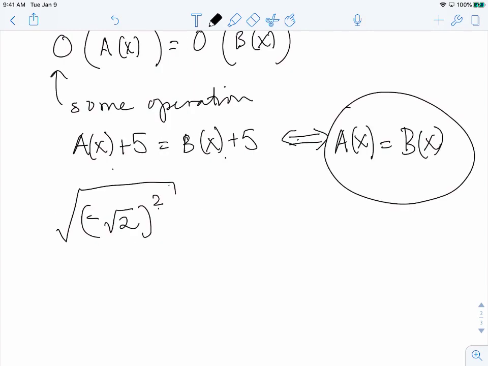Here we show why the square root is not exactly the inverse of squaring. In other words, how squaring is not invertible. If we take the square root of negative square root of 2, squared, we get the square root of 2, which is not equal to the original argument that was being squared, which was negative square root of 2.